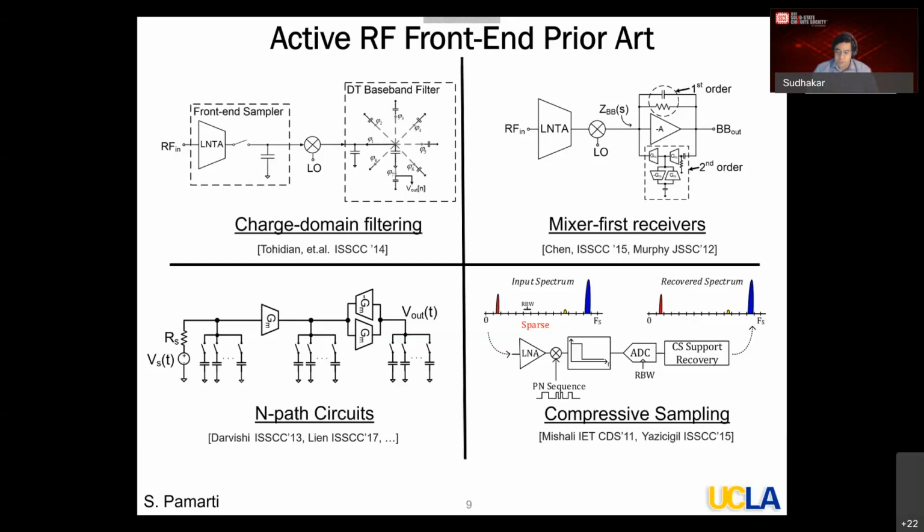Now, this is very promising, and there's been some work, particularly from Yonina's group in Israel and Peter Kinget's group at Columbia. Definitely in the area of spectrum scanning, this is very promising. Effectiveness in full-fledged receivers has not yet been demonstrated.